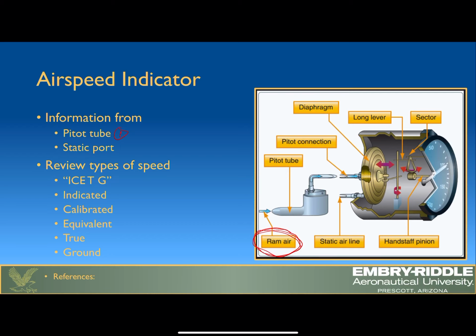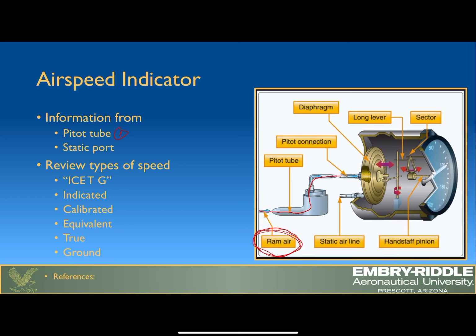So that's the purpose of that pitot tube. And as you probably remember from your previous ground school course, that ram air travels into the pitot tube up through a series of tubes or pipes into our cockpit, into the airspeed indicator.